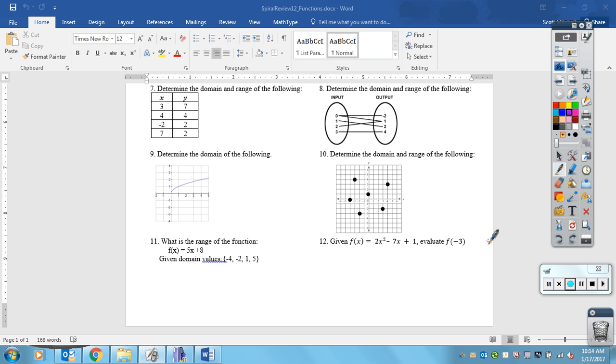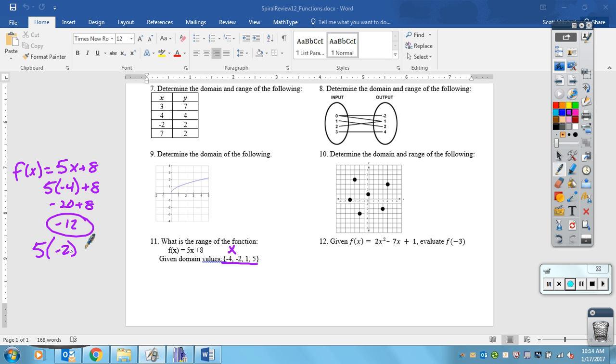And the last two, 11 and 12. 11 says, what's the range of the function given this domain? Given these domains, or x's, what's its range? Well, that's easy. We just plug in. F of x equals 5x plus 8. When I plug in -4, 5 times -4 plus 8 is -20 plus 8, or -12. That's one of the range members. 5 times -2 plus 8 is -10 plus 8, or -2. 5 times 1 plus 8 is 5 plus 8, or 13.